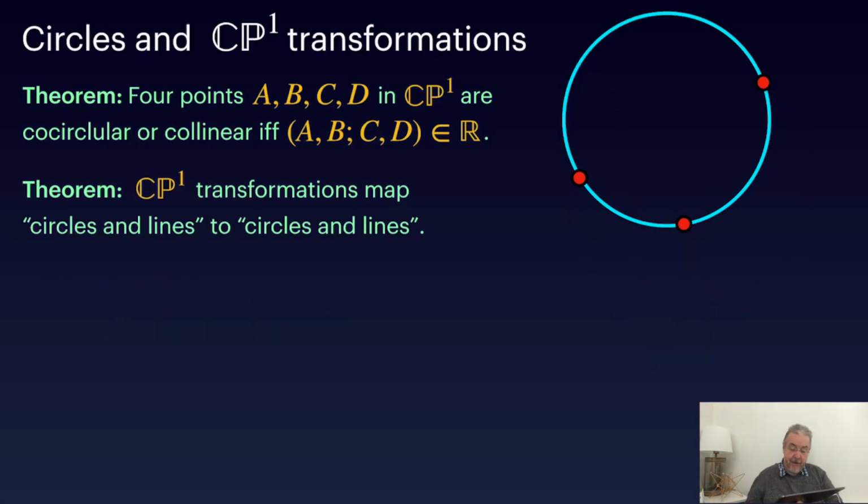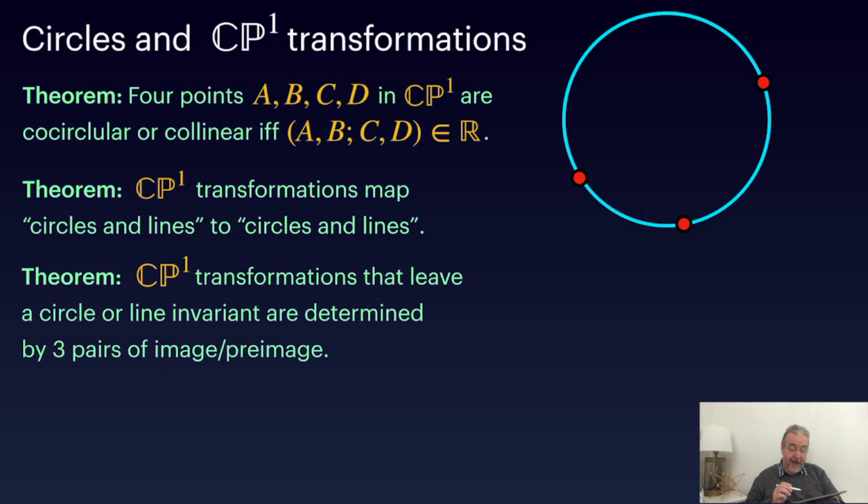Let's take that even one step further and write down something that's almost trivial but far-reaching from what we got so far. If you have a CP1 transformation that leaves a given circle invariant, we can determine that by 3 pairs of pre-image and image of points on a circle. This sounds very similar to what we did in earlier lectures with points on a conic.